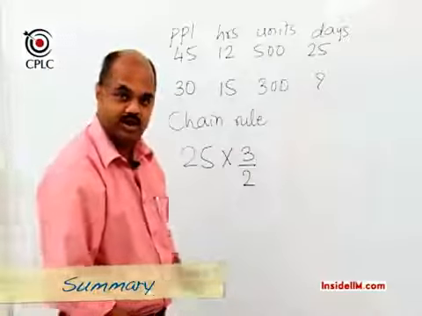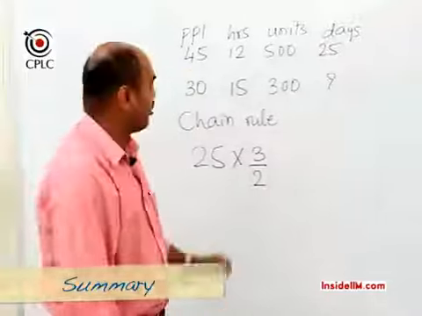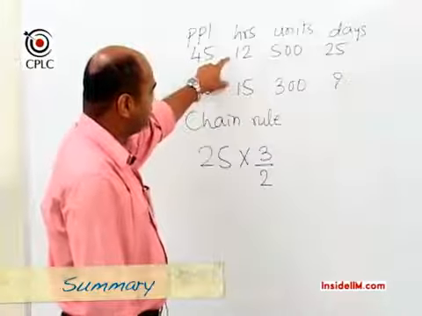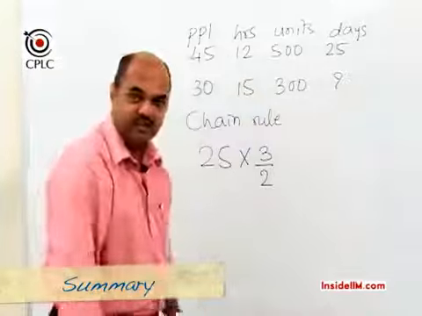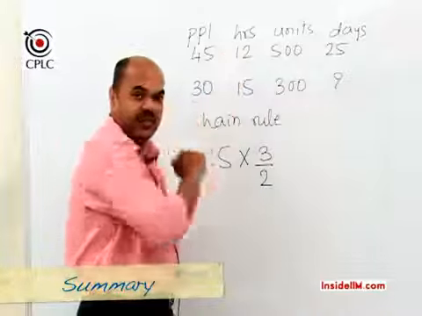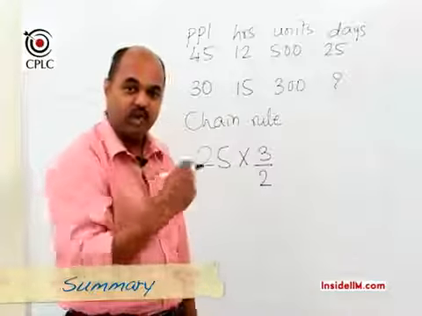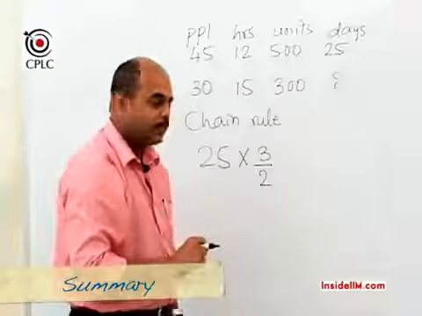Let's look at the number of hours. If we look at these two values, we can say that the number of hours actually changes from 12 to 15, which means if I take this as 4 and this as 5, then the number of hours has become 5/4 of the earlier value.